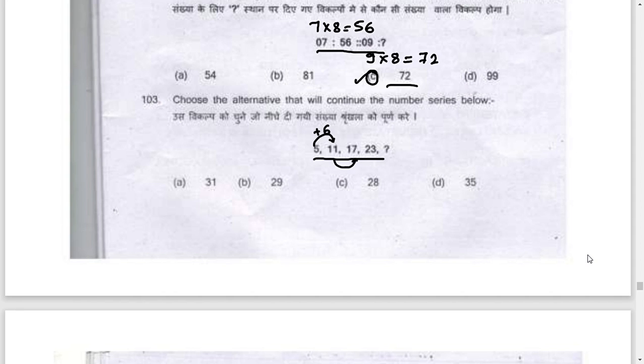Again, 11 plus 6 will become 17. 17 plus 6 will become 23. 23 plus 6 is 29. So the answer is 29. Here the option B is the correct answer.